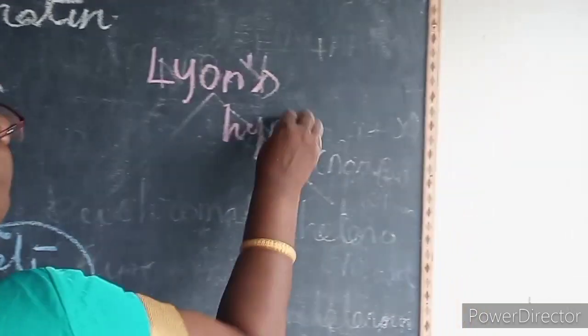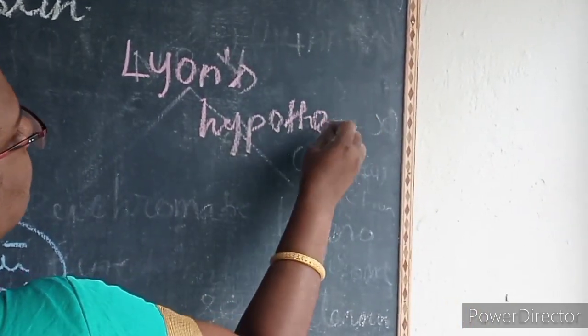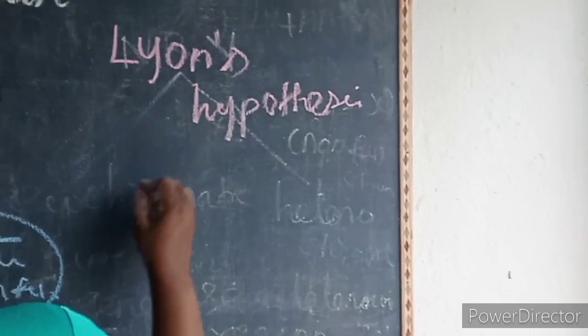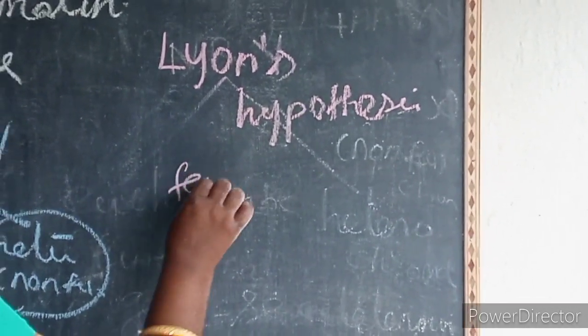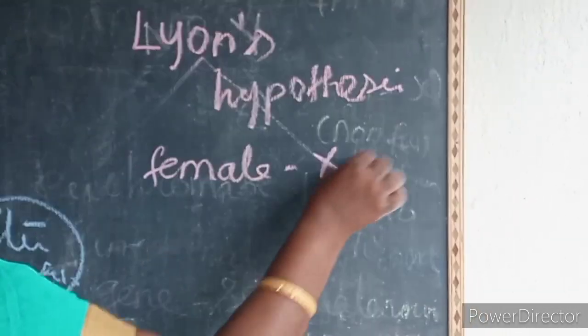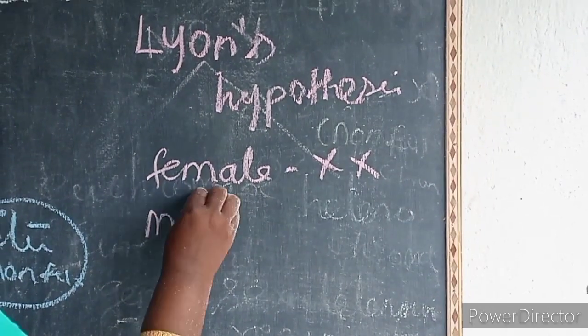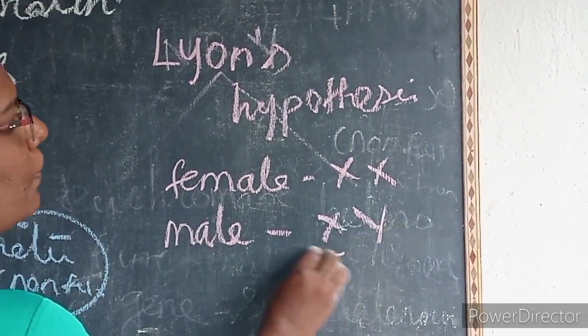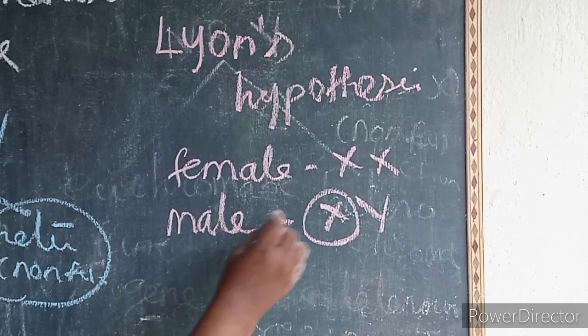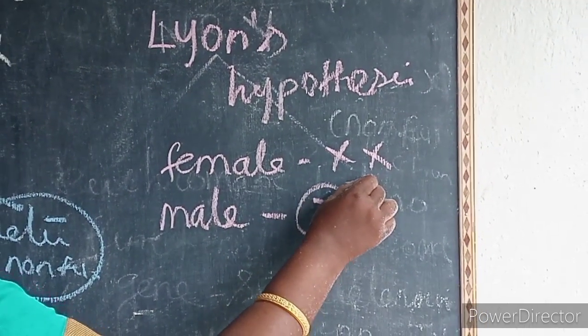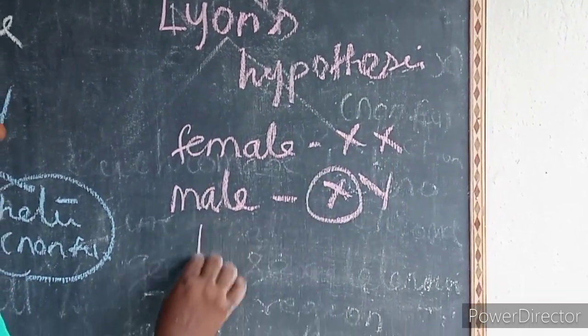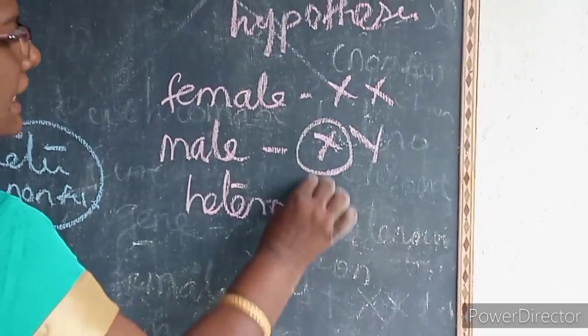What is Lyon's hypothesis? In the female, how many X chromosomes are present? 2 X chromosomes. In the male, only 1 X chromosome is present. So here one X chromosome becomes inactive and is tightly placed in the heterochromatin.